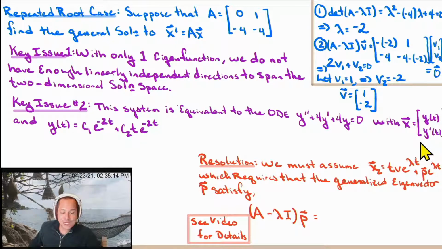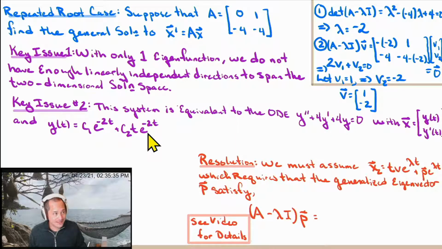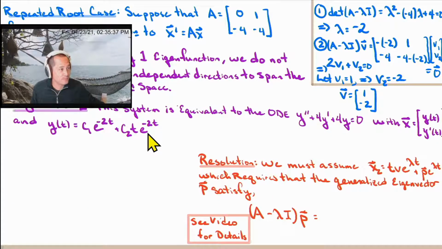This idea that I'm tracking displacements and velocities. So here's the issue. If I wrote down my solution to this problem, I would have written C1 e to the negative 2t, but then C2 times t times e to the negative 2t. So it turns out that I get this t multiplication. That's nothing crazy. We've seen that before.